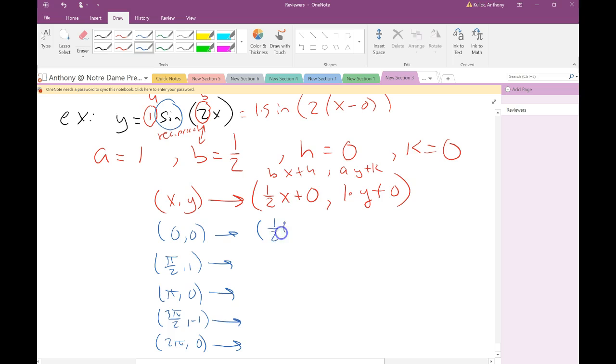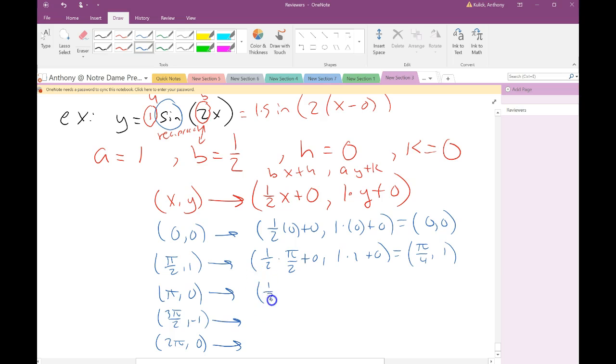So I have 1/2 times 0 plus 0, 1 times 0 plus 0, so that is just 0, 0. Then I have 1/2 times pi over 2 plus 0, and then 1 times 1 plus 0, so that is pi over 4, comma 1.